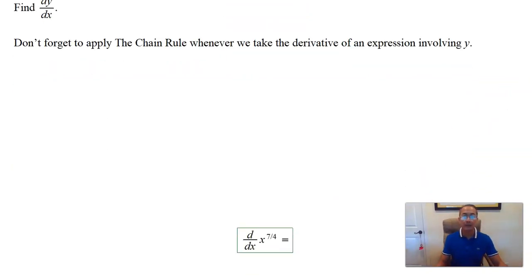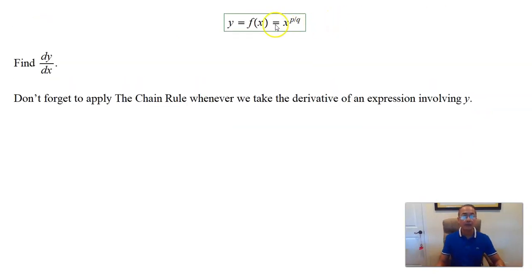Well, we have y is x to the power p over q. Let's copy that down here. y equals x to the p over q. We don't know how to take the derivative when the exponent is a fraction, so let's turn it into an integer. We don't like the over q here, so if we raise both sides of this equation to the power q, that will get rid of the q.